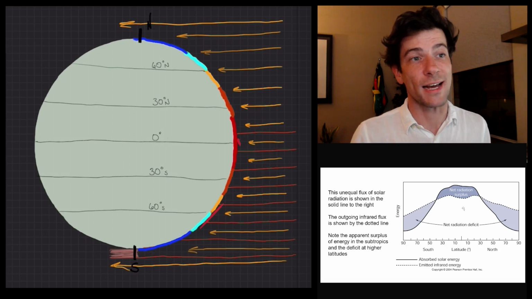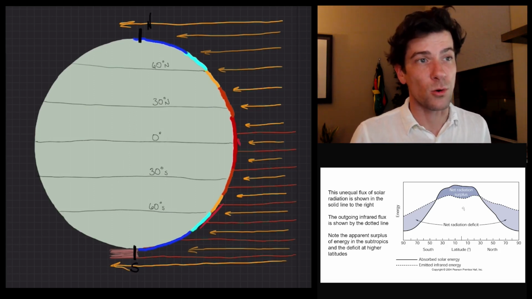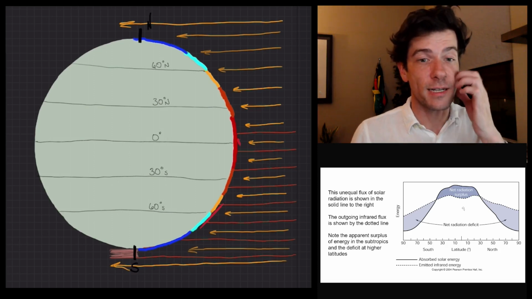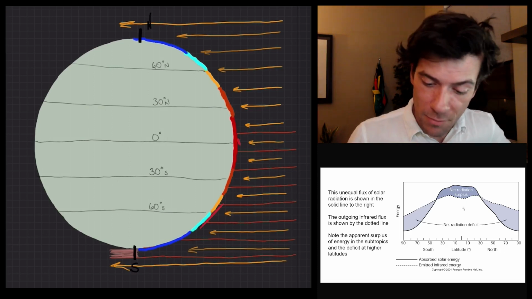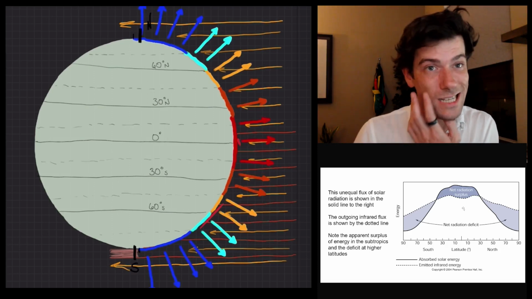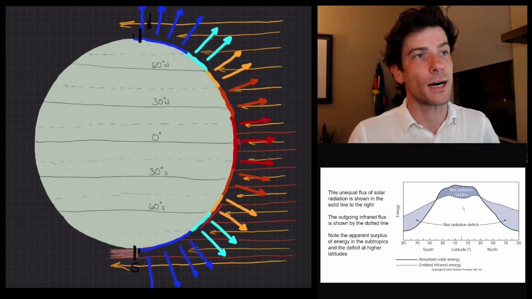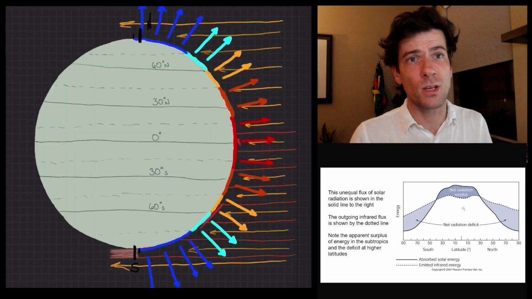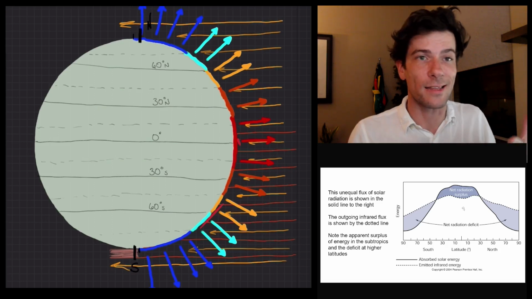As a result, the surface of the Earth is much warmer in the tropics than at the poles, and I've put some colors here to indicate that. In terms of infrared flux back out into the atmosphere, it's emitting lower energy infrared radiation at the poles than at the equator.